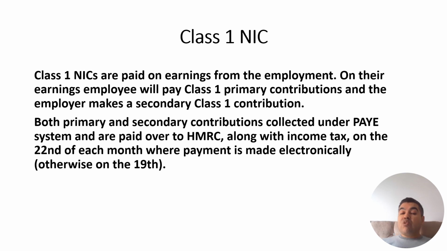On the earning, the employee will pay class 1 primary contribution and the employer makes class 1 secondary contribution. Both primary and secondary contributions are collected through the PAYE system and paid over to HMRC along with other tax deductions on 22nd of each month where the payment is made electronically, otherwise on 19th.